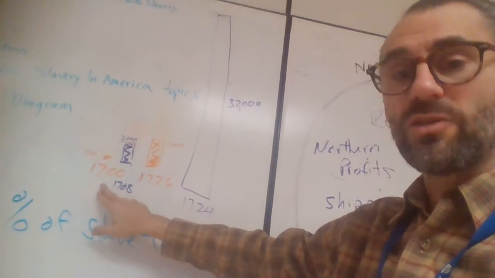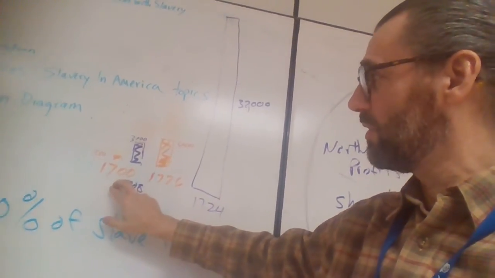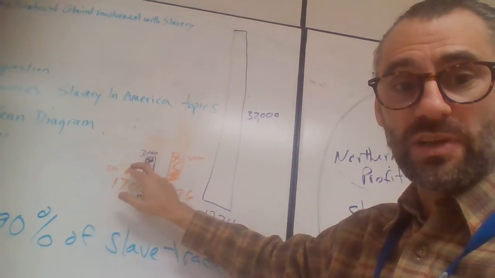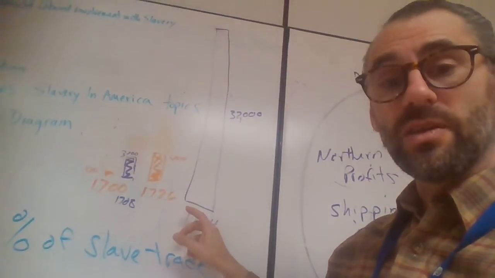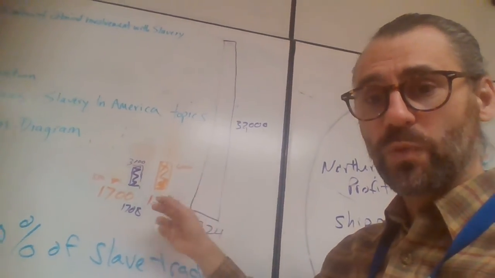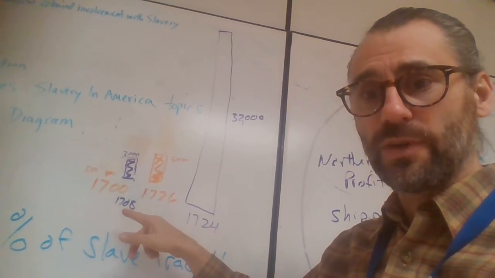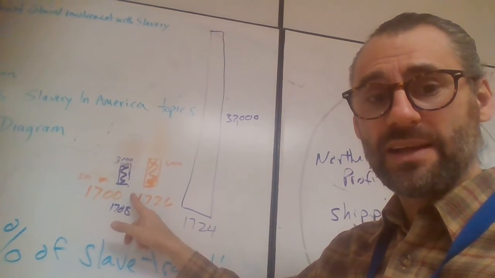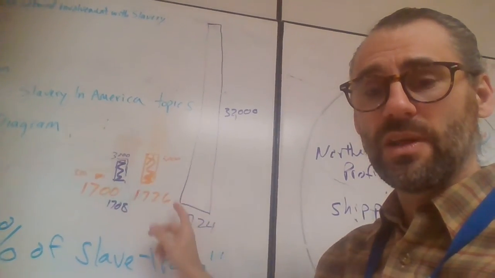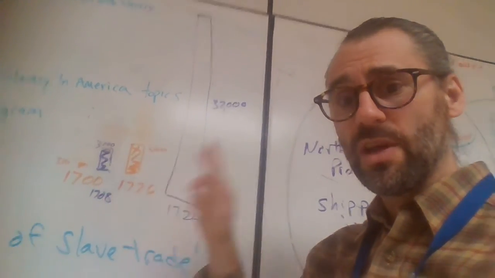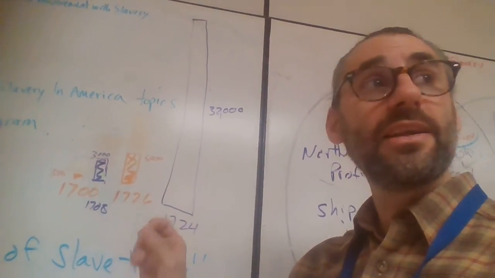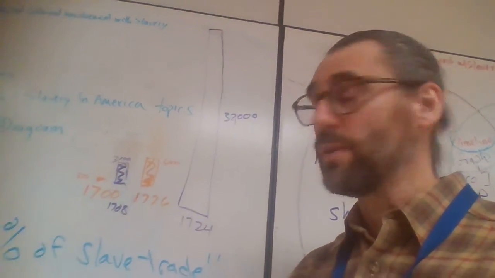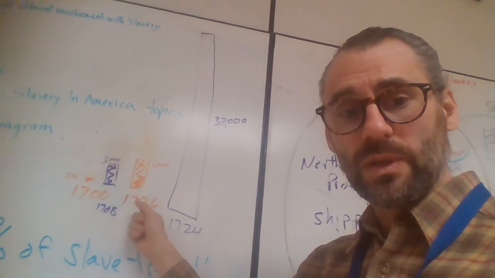So what we can derive from this is, as rice production increases, the number of slaves increases. Or you could look at it in the reverse way, as the number of slaves increases, the amount of rice increases. The two are tied together. And that is one of the main points from that lesson.